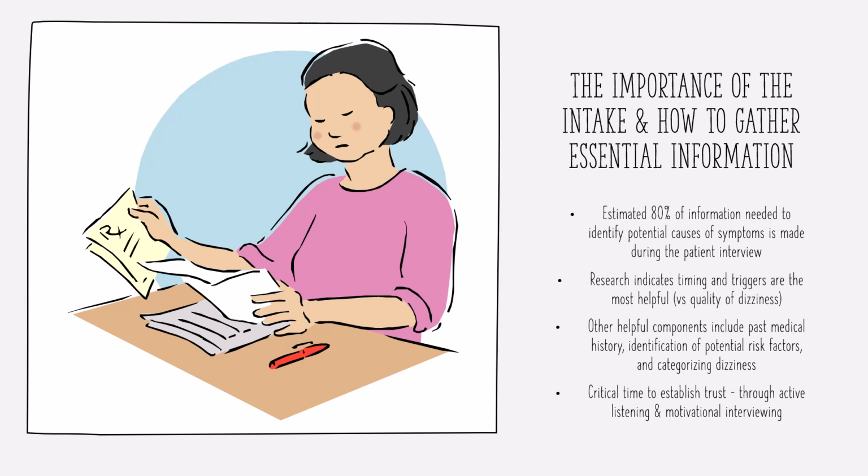So this is an important time where we're focused on gathering as much information as possible while also creating a safe space for the patient to tell their story. More currently, research indicates that identifying the timing and the triggers are the most helpful versus focusing on the quality of dizziness. It's this interview that becomes such a critical component of our exam.